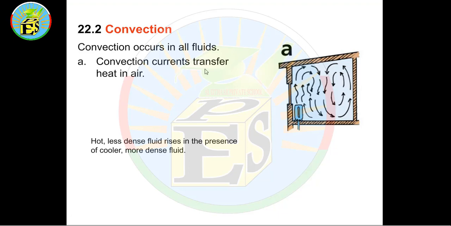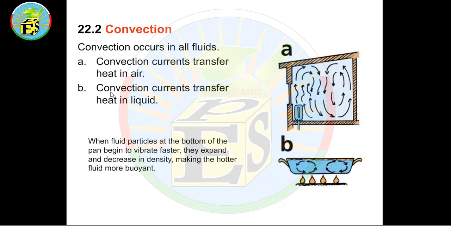Convection currents transfer heat in air like this. This is air. These arrows represent the convection current moving from down to up. Convection currents transfer heat in air. Convection currents transfer heat in fluid, in liquid.